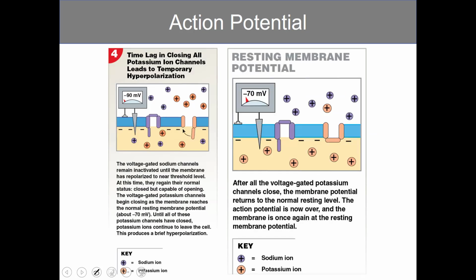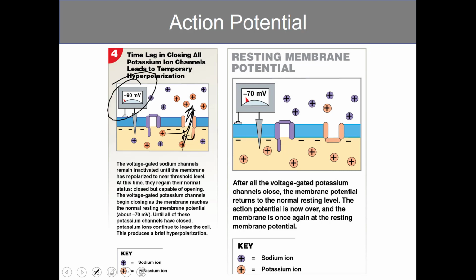So here we have step 4, the voltage-gated sodium channels are inactive, and the potassium channels start to close at about negative 70. And as this door slowly swings closed, more potassium ions flood out, and that leads to a hyperpolarized state.